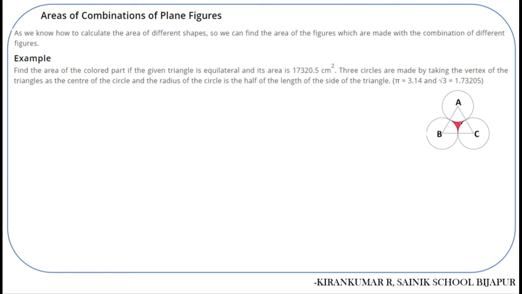This colored part is not a polygon. This part is obtained by the combination of parts of the circles which are sectors. So area of the triangle minus area of three sectors will give the result. Here they have given that the triangle ABC is equilateral.